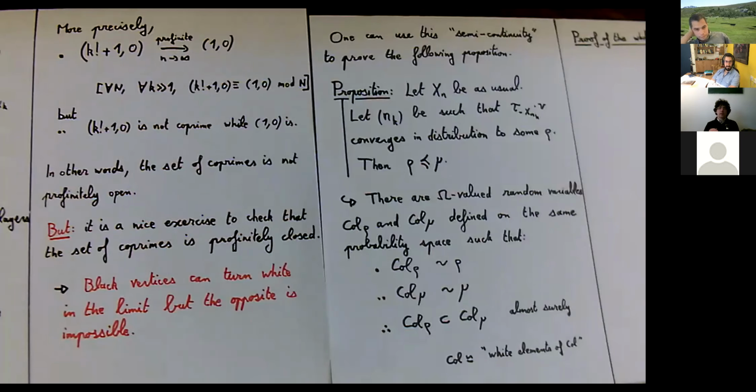The rho coloring is rho distributed, the mu coloring is mu distributed, and almost surely, or even surely, the rho coloring is a subset of the mu coloring. What I mean by this is that the white elements of the rho coloring form a subset of the white elements of the mu coloring. So yes, once again, things can go wrong in one direction, but not in the other.